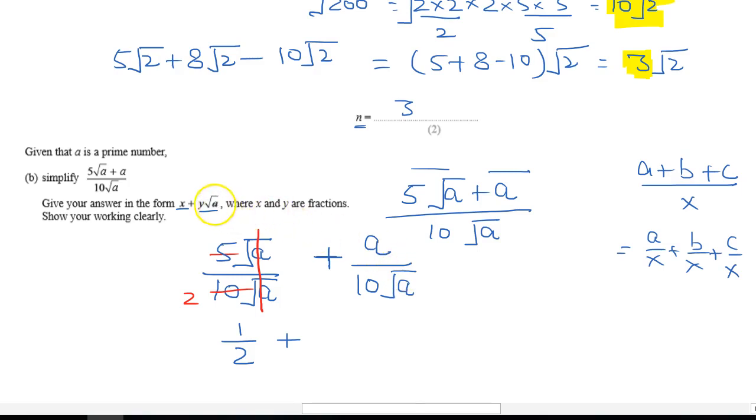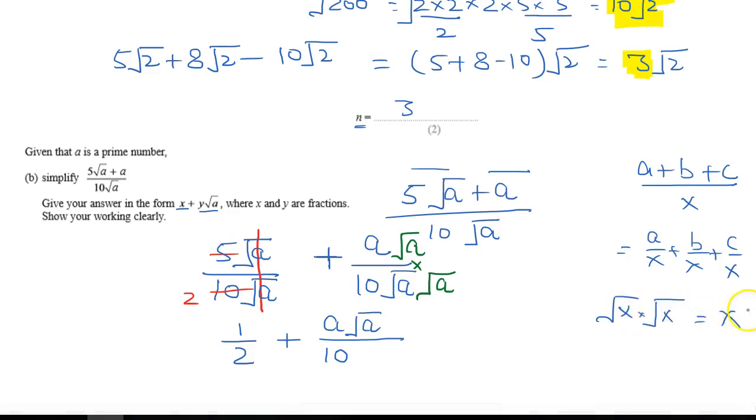So we want root, so we rationalize the denominator. To rationalize it, whenever you see root in the denominator, you multiply by the same number. So this will become root a over 10, and you know root x multiply root x will be x.